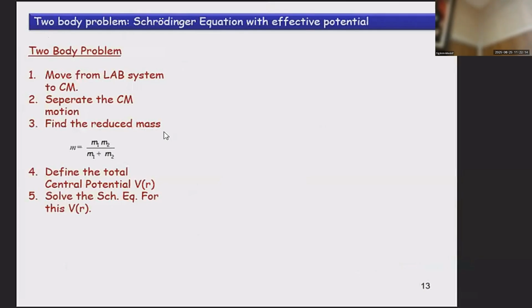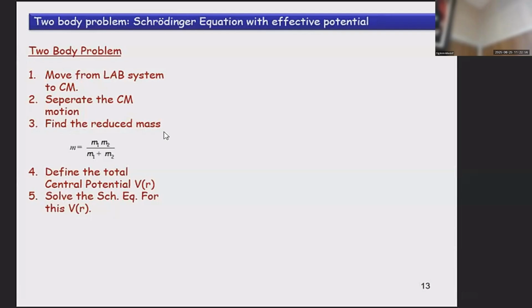When you do theory, it is called the two-body problem or central force problem. Please check it in your textbooks, quantum mechanics or modern physics or nuclear physics course. Now, in order to describe the interaction of, for example, a proton and a carbon, you do the experiment in the lab system, but theory is not done that way.